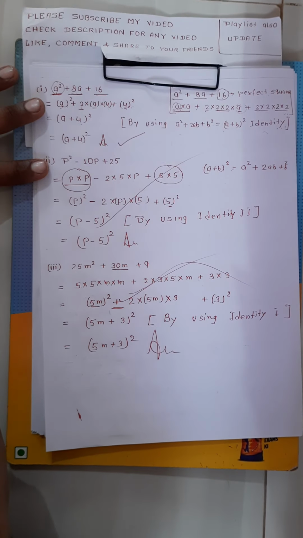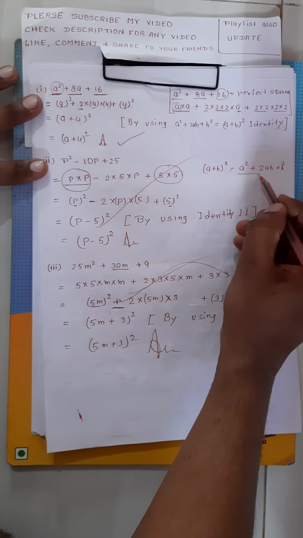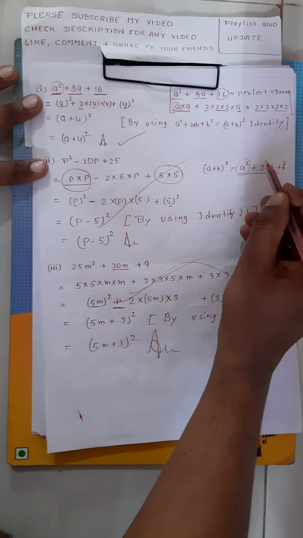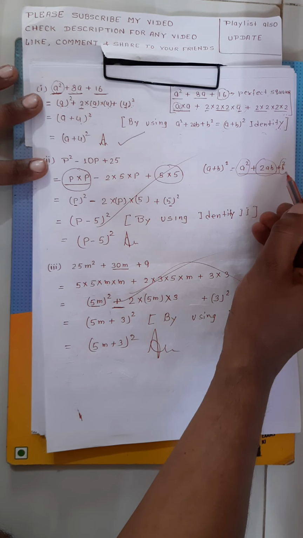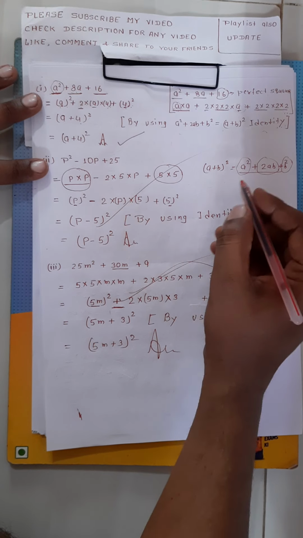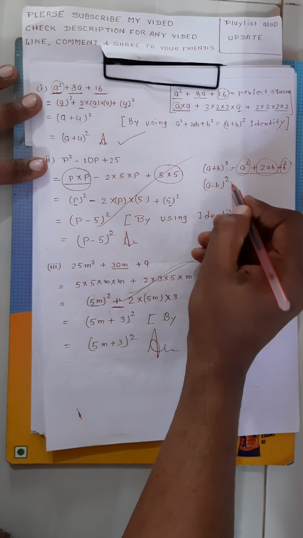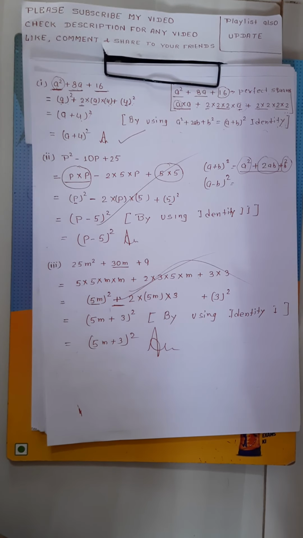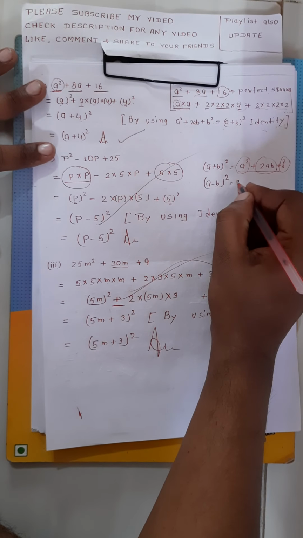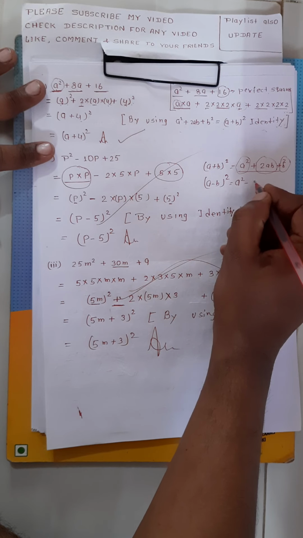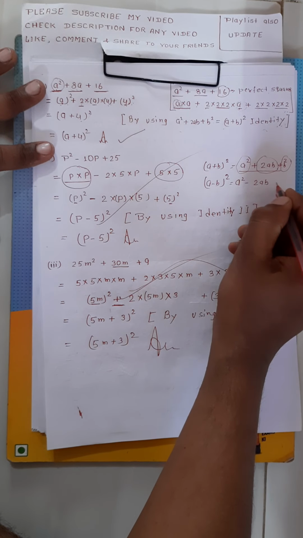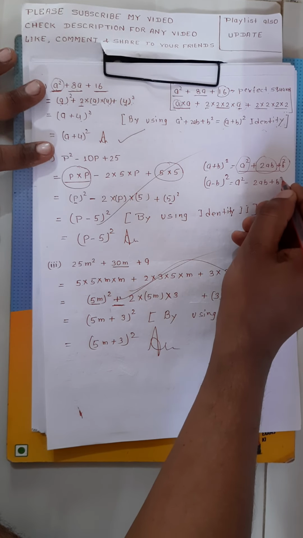That means it has three terms, and here also there are three terms. And for the whole square of a minus b, it is a square minus 2ab plus b square.